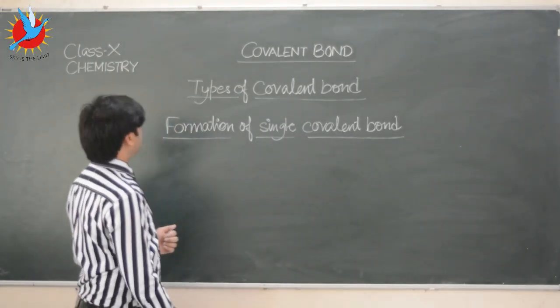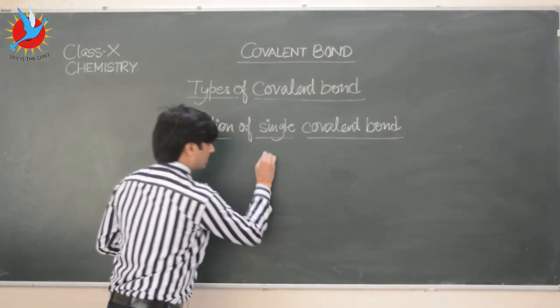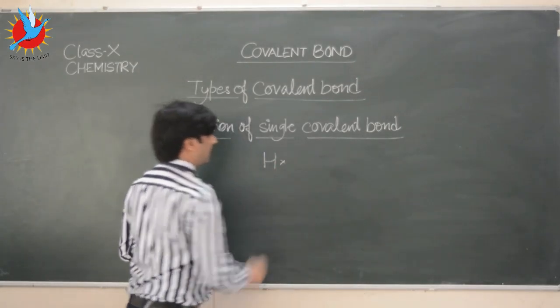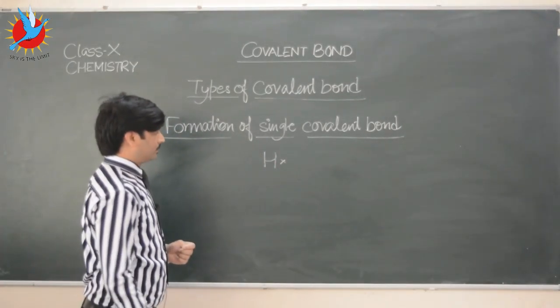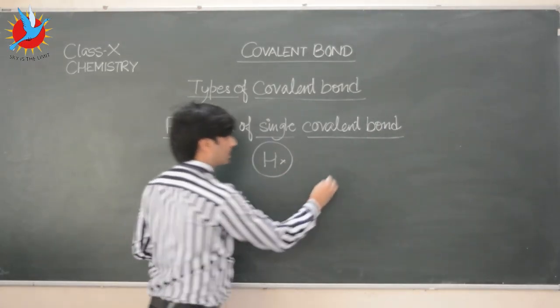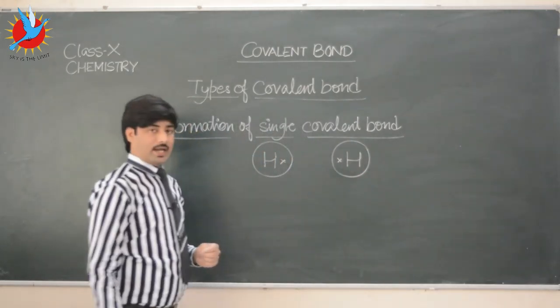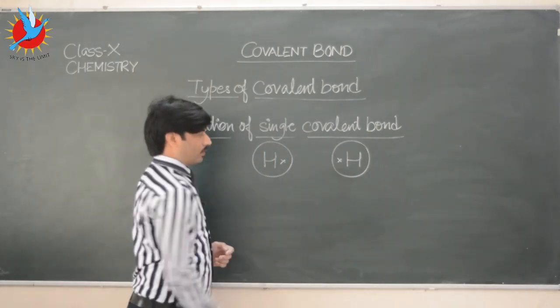Now we will discuss the formation of a single covalent bond. This represents 1 hydrogen atom, the Lewis dot structure, and this one represents another hydrogen atom having 1 electron.